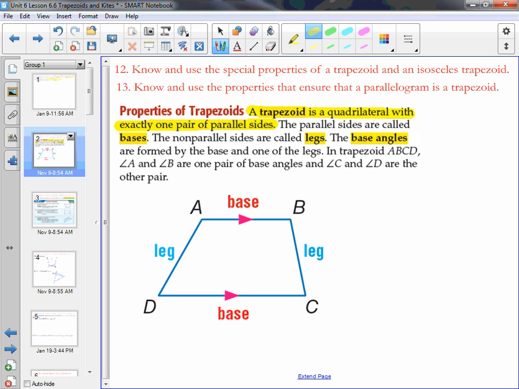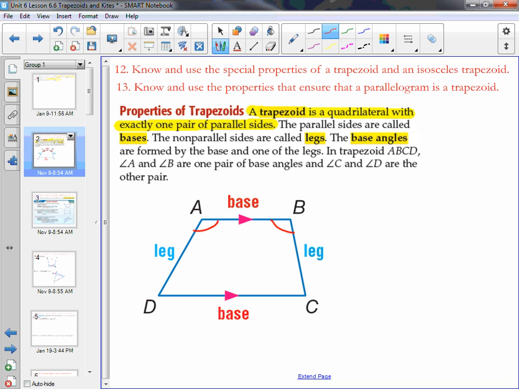Now, base angles we've talked about before when we had isosceles triangles. Isosceles triangles had 1 pair of base angles. Trapezoids have 2 different pairs of base angles. So the 2 angles that are formed by segment AB are 1 pair of base angles.